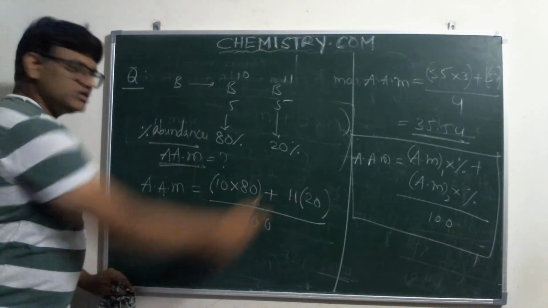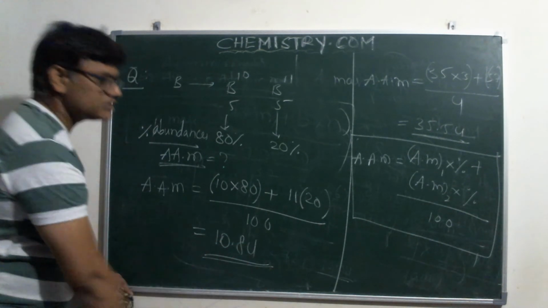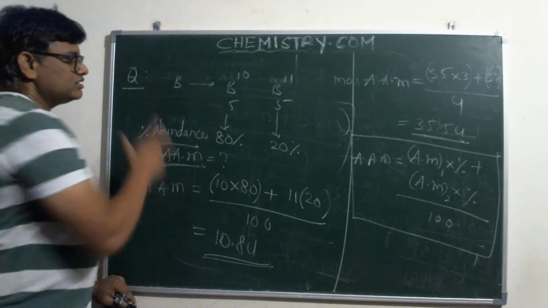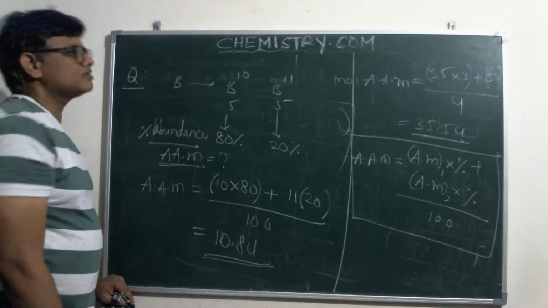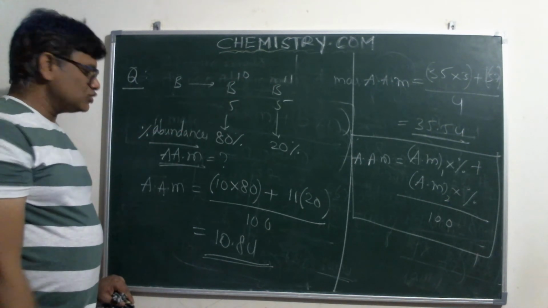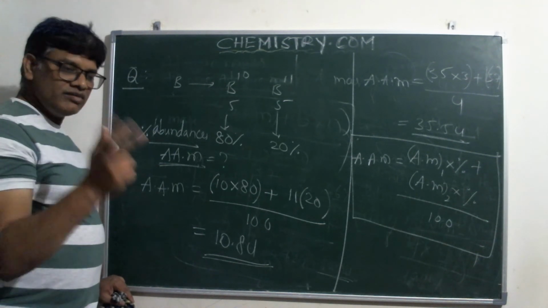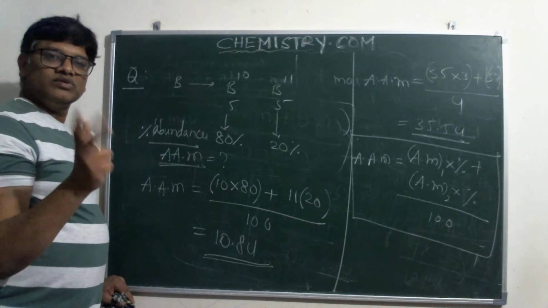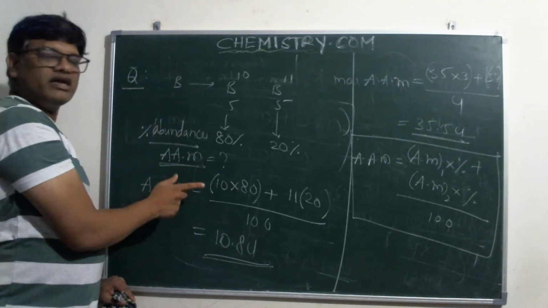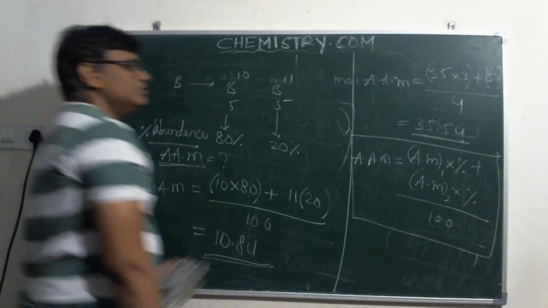On calculation you will get approximately 10.8 U, atomic mass units. So like this, by knowing the percentage abundances of an element existing in different isotopic forms, we can calculate average atomic masses. Most of the elements up to atomic number 20 can exist in isotopic forms.